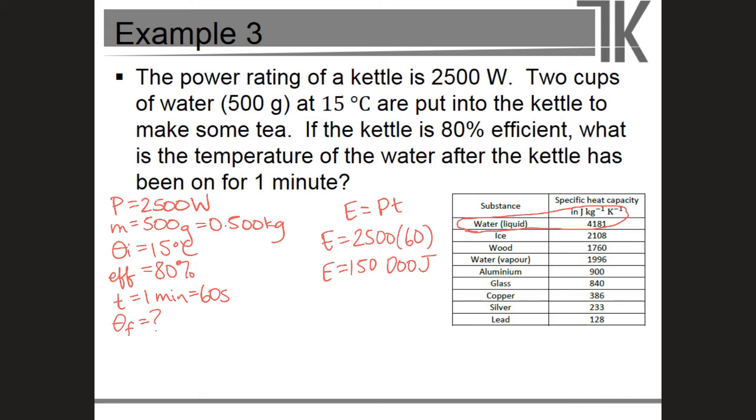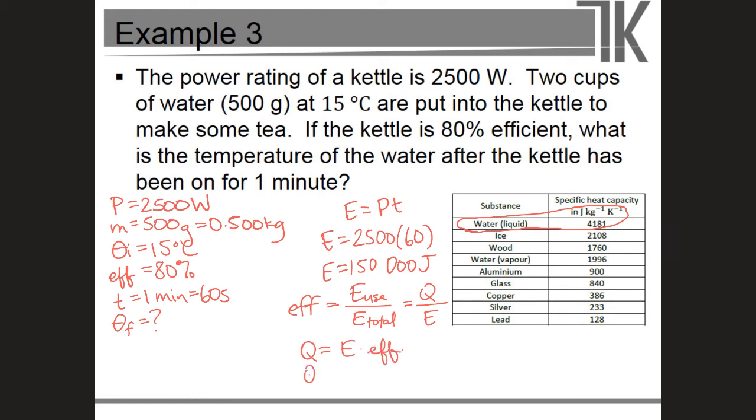And then we need to use the equation for efficiency. I'm just going to shorten it to EFF for efficiency, like I did there. So efficiency is our useful energy over our total energy. And rearranging that, let's use some proper terms. Our useful energy in subsequent things is actually called Q, and our total energy, we've already used the letter capital E. So if we rearrange that, we get Q equals E times efficiency.